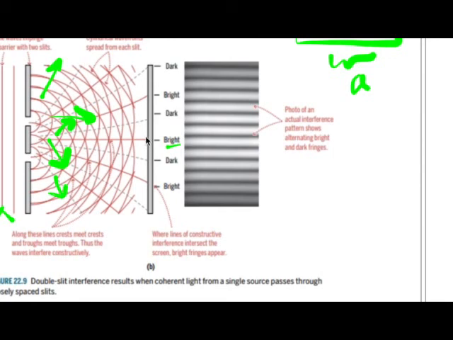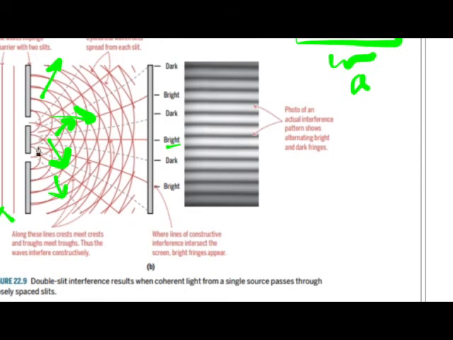But if you go away from that point, there will be a path difference between the two sources. And if that path difference is half a wavelength, then those two waves will be out of phase 180 degrees. When they're added together, they'll add up to 0. So that will be a low intensity, a dark fringe.